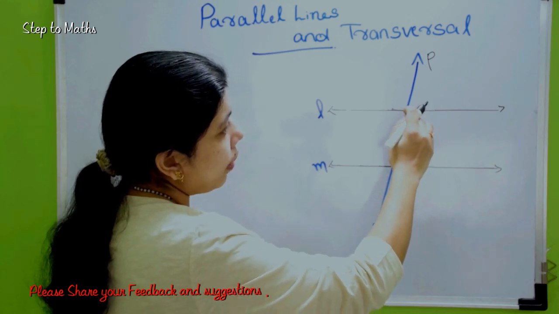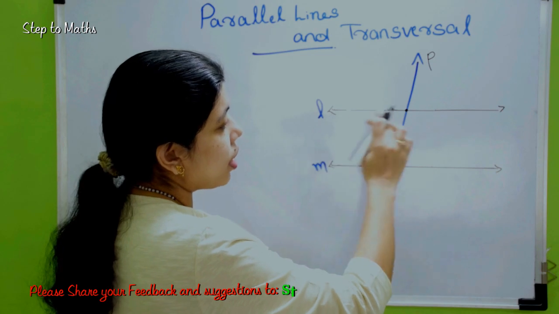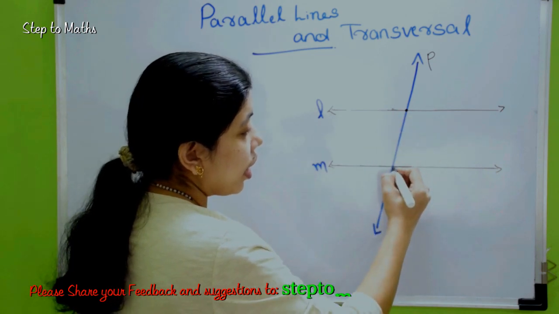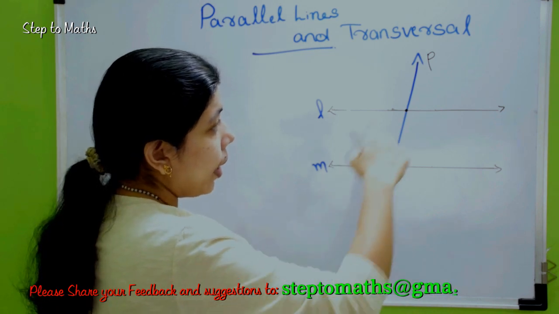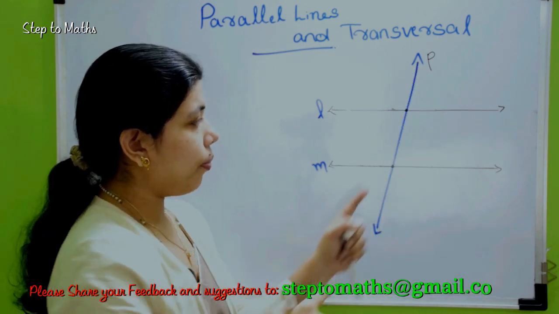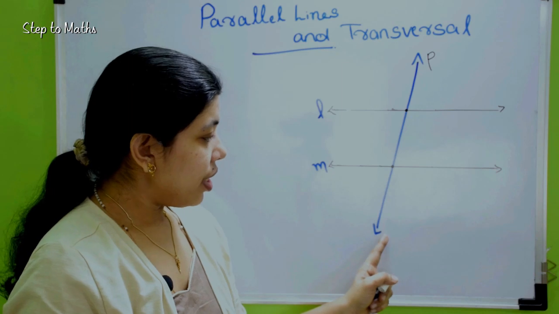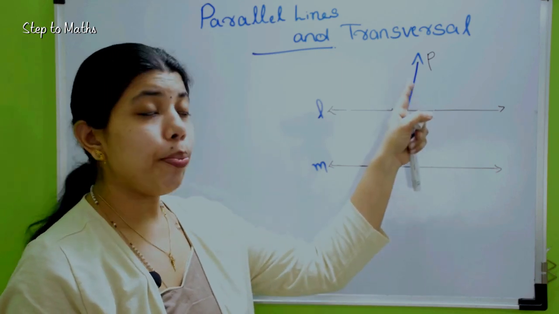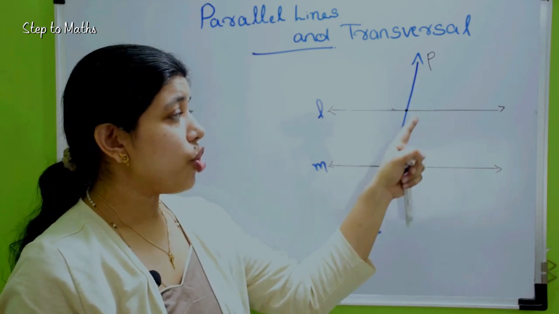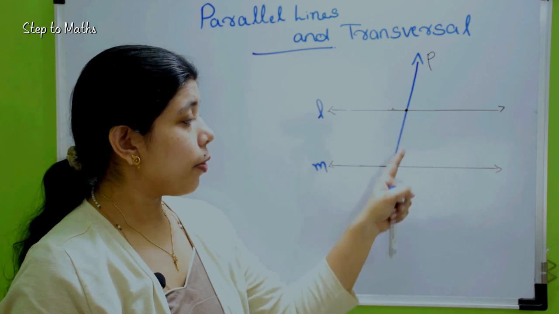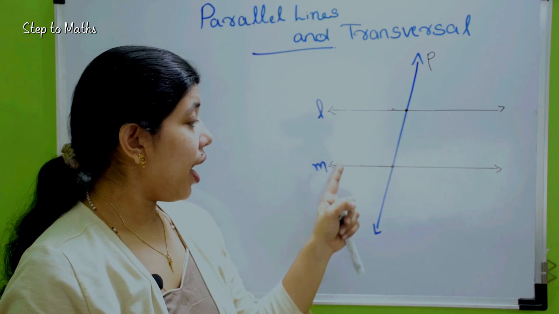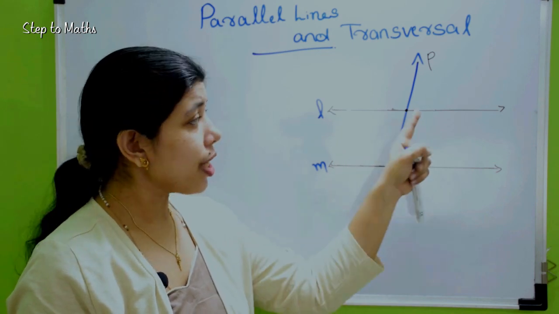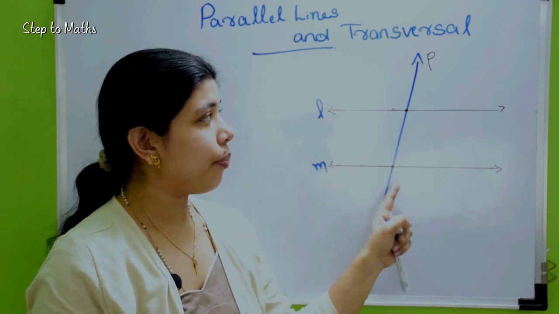On this point, line P meets line L, and on this point, line P meets line M. The line P meets or intersects the two parallel lines L and M at two distinct points.